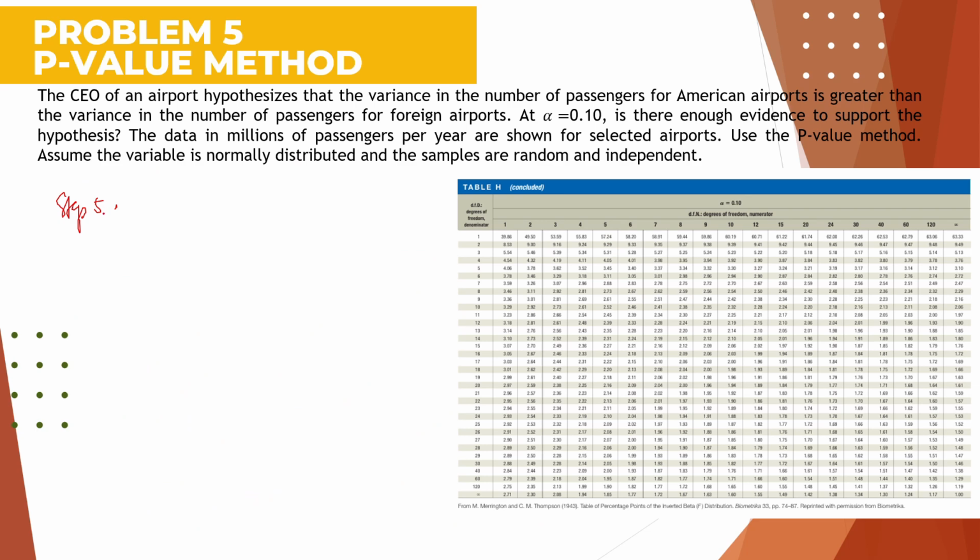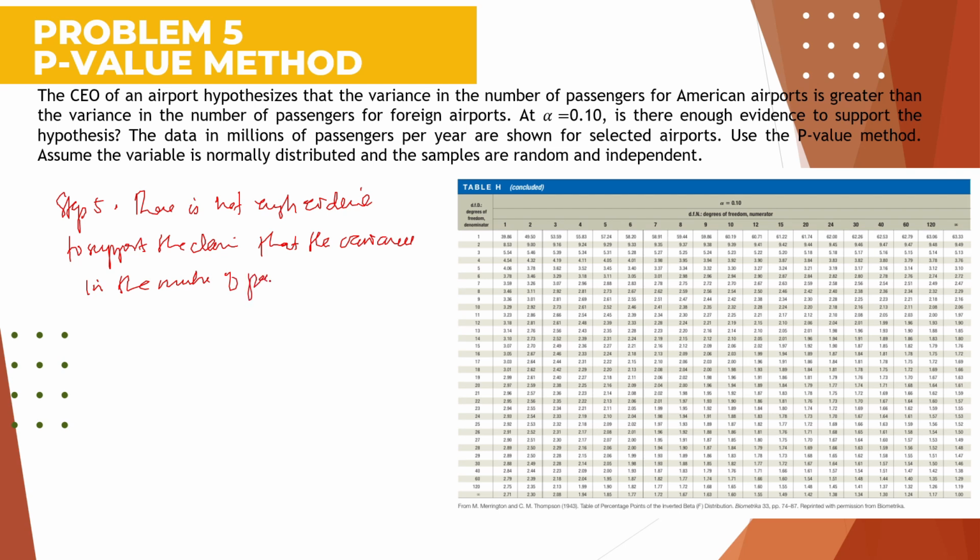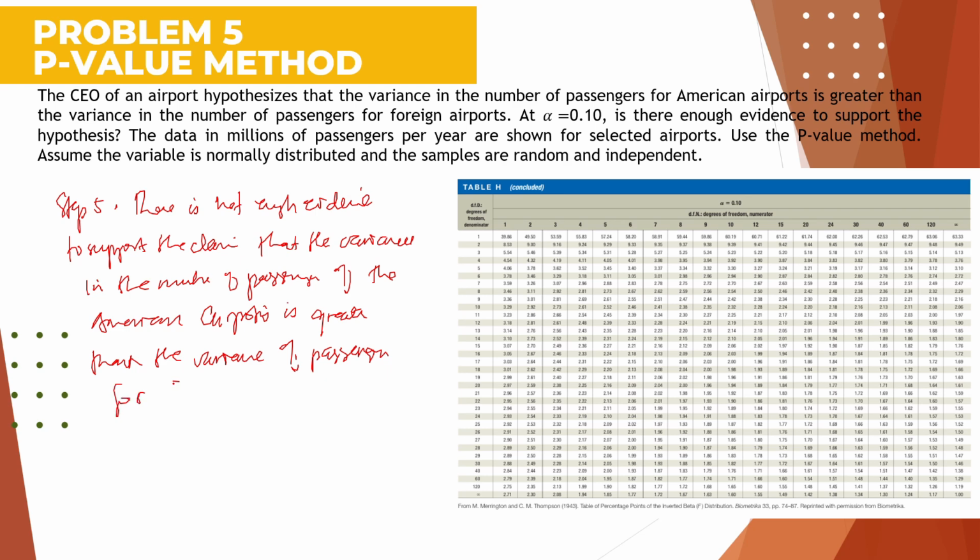Since our claim is our H1 and we do not reject the null hypothesis, you will start with the statement: there is not enough evidence to support the claim that the variance in the number of passengers of the American airports is greater than the variance of passengers for foreign airports.